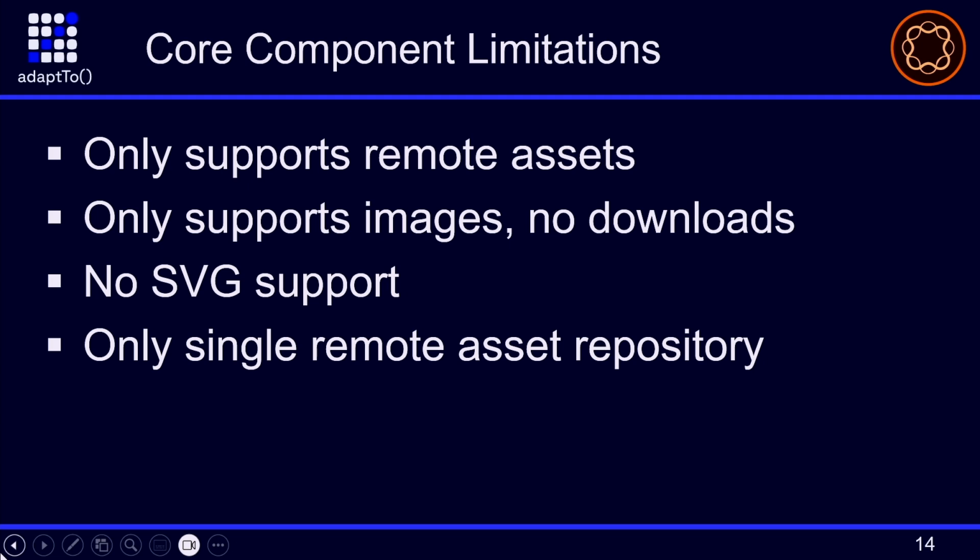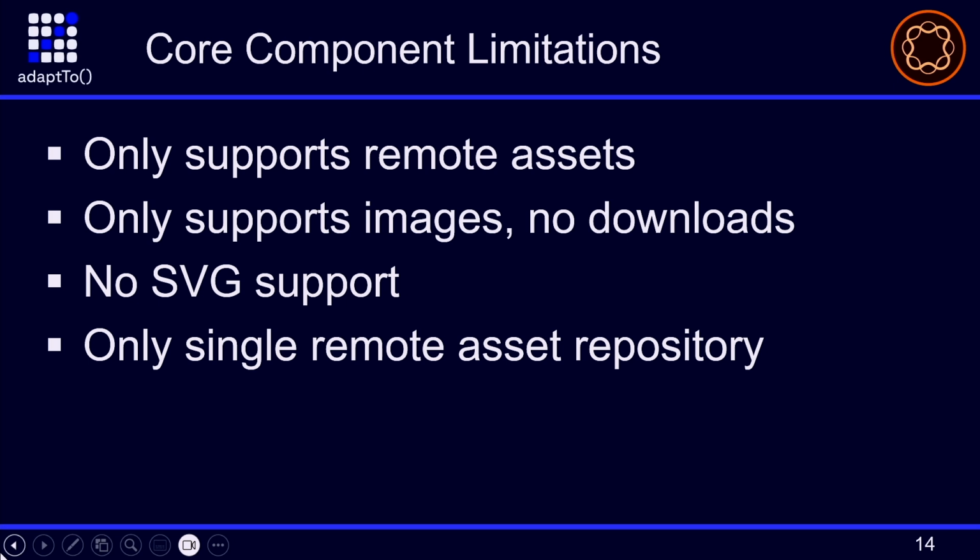But there are also some limitations in the current implementation. So currently, the core components only support remote assets. So currently, it's not possible with core components to use Dynamic Media with OpenAPI for assets stored in the same instance as the pages. Okay, you could configure your local instance as remote asset repository, but then the label pick remote doesn't really make sense for the users.